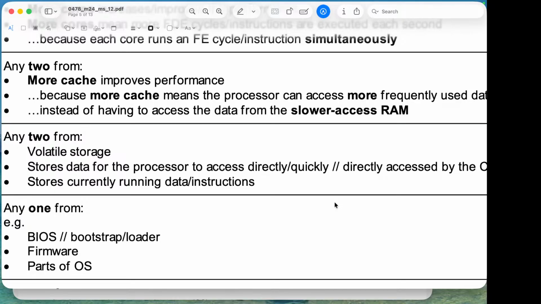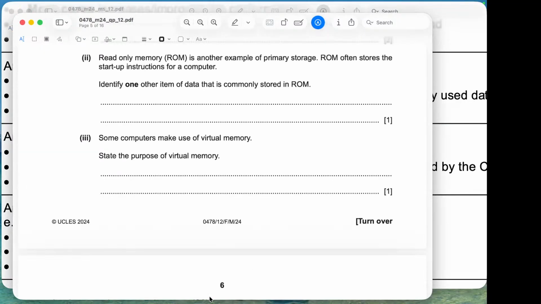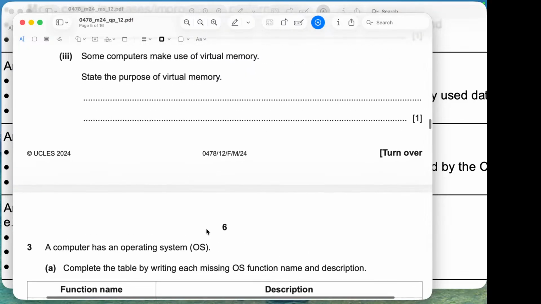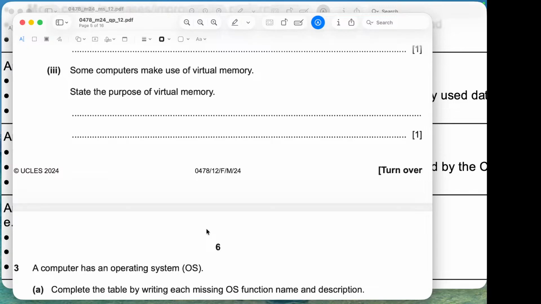All right, so let's have a look at the next question. Some computers make use of virtual memory. State the purpose of virtual memory. Why do we have virtual memory?